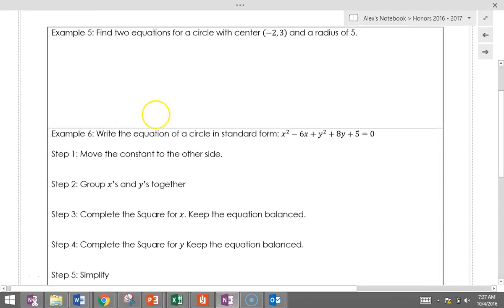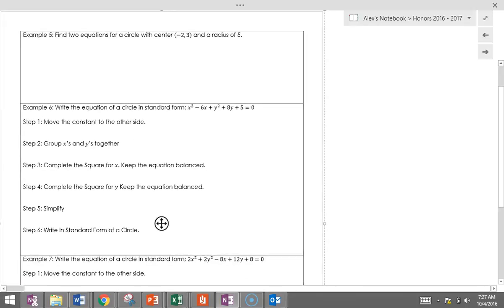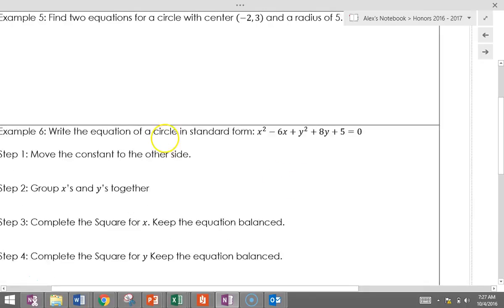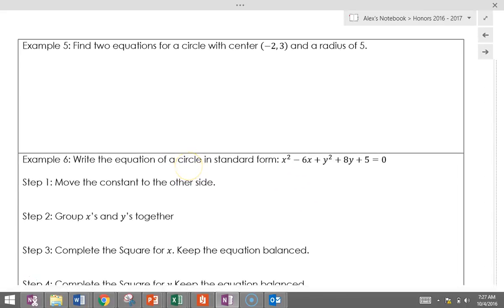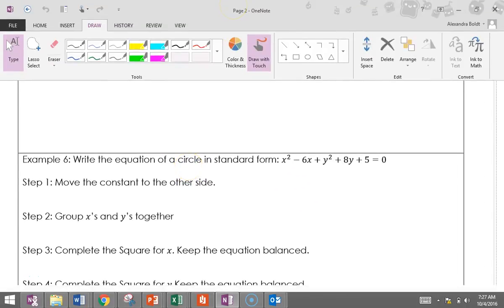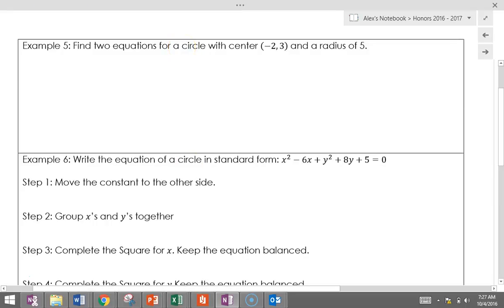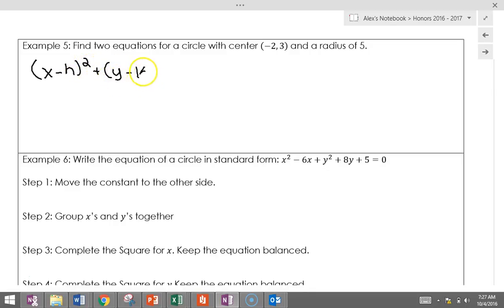Example 5 says find two equations for a circle with center negative 2, 3, and a radius of 5. So yesterday the equation we're used to is (x minus h) squared plus (y minus k) squared equals r squared.